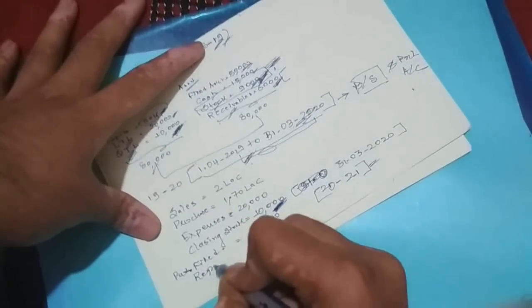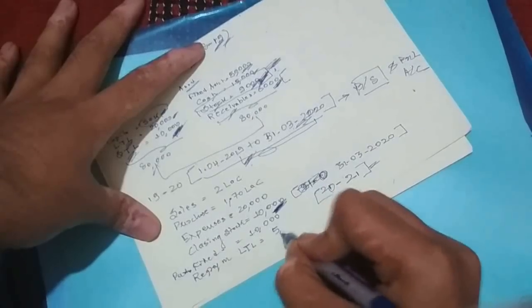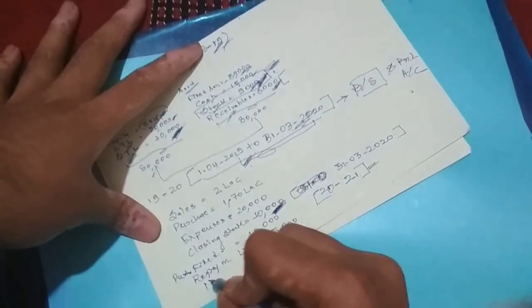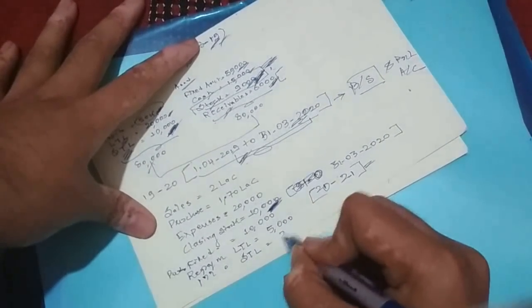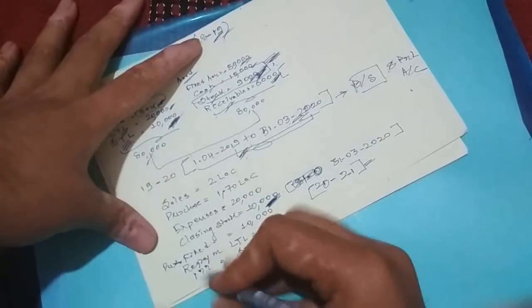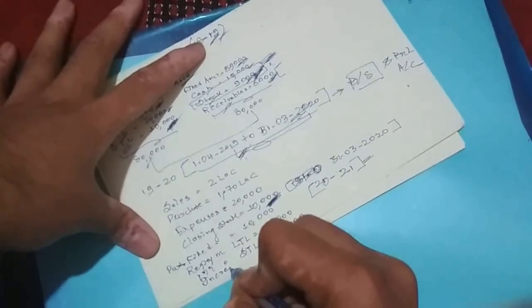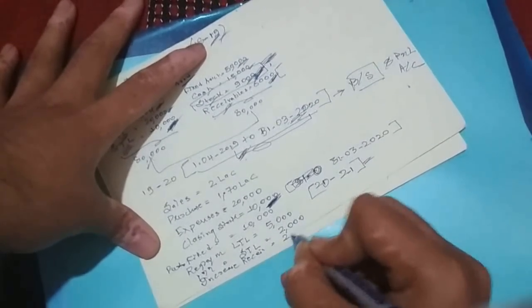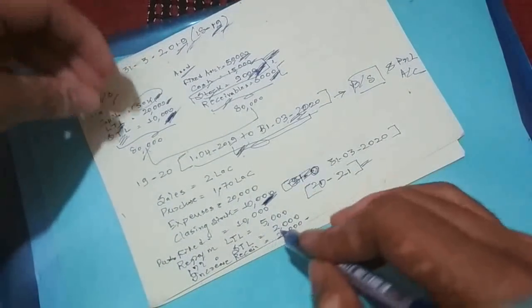Repayment of long-term loans is 5,000. Repayment of short-term loan is rupees 2,000. Increase in receivables is rupees 2,000. Okay, these all operations are done throughout the year.